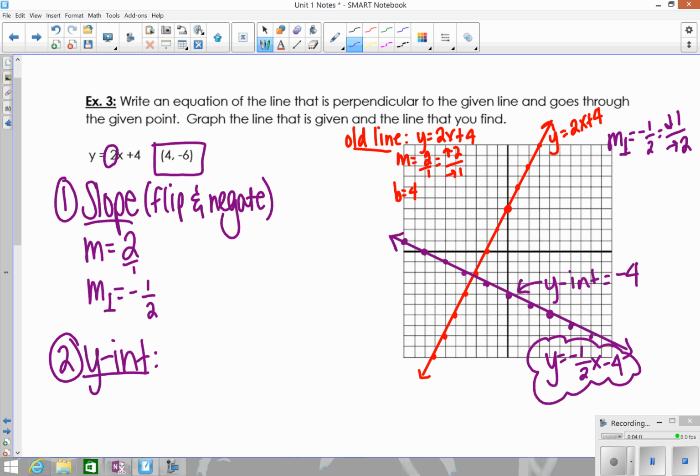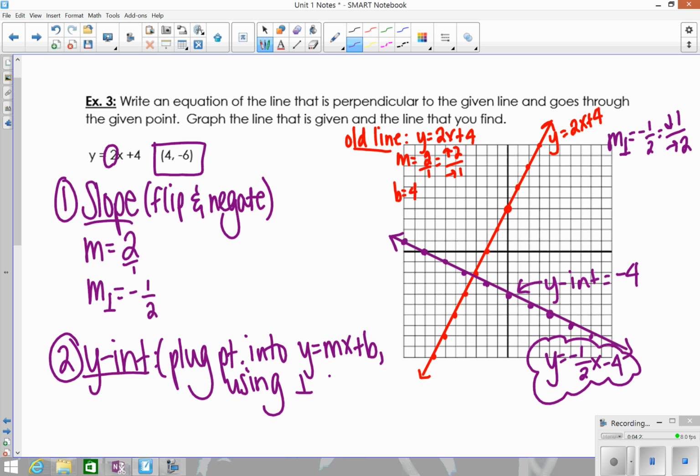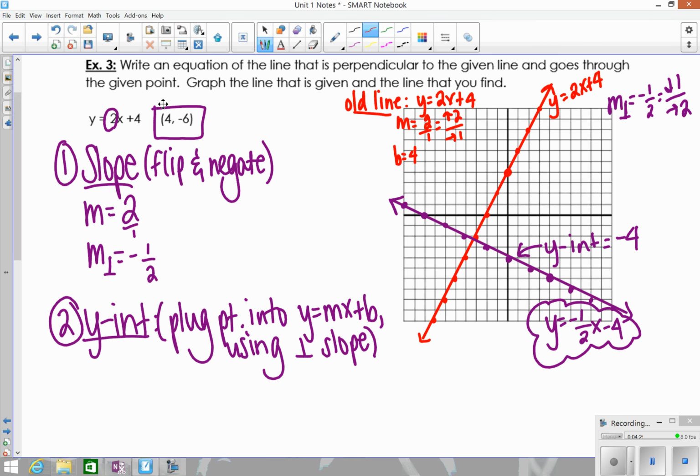To find the y-intercept, this is where you're going to plug the point into y equals mx plus b, but make sure that you're using the perpendicular slope. So this is going to be my x comma y. My slope, I know, is negative 1/2 if I'm doing the perpendicular line.